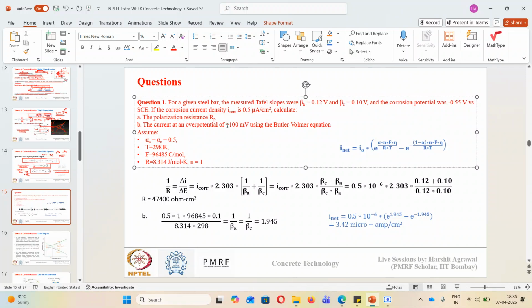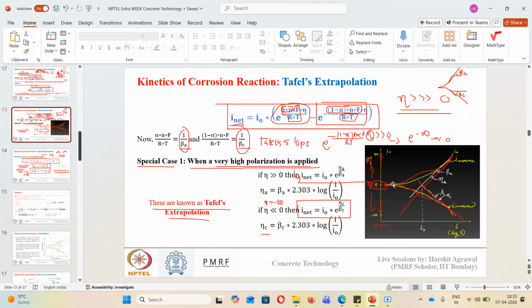However, when we applied a small overpotential of 0.1 volt or 100 millivolt, you can see the current changed from 0.5 to 3.42 microampere per centimeter square. So as we apply polarization, there is a sharp increase in current across equilibrium.